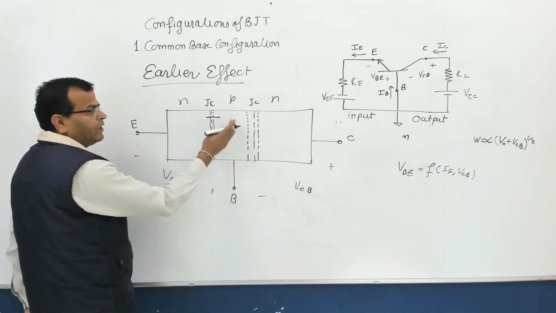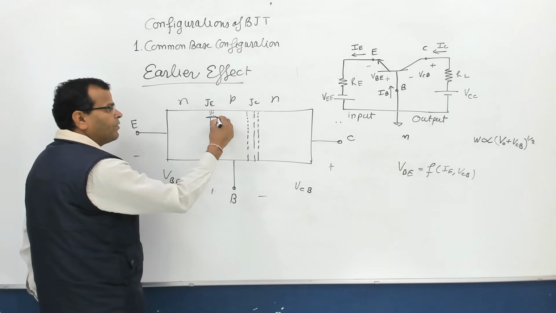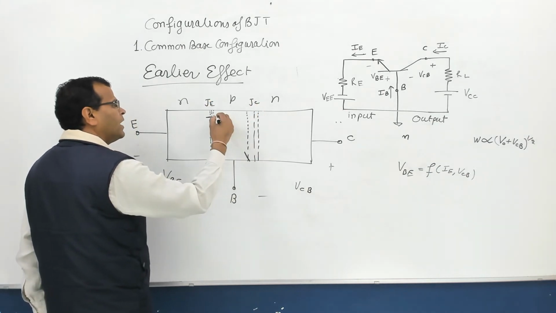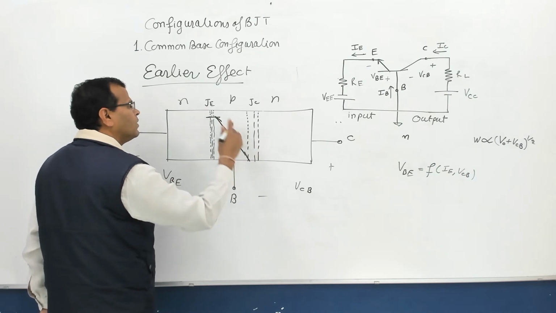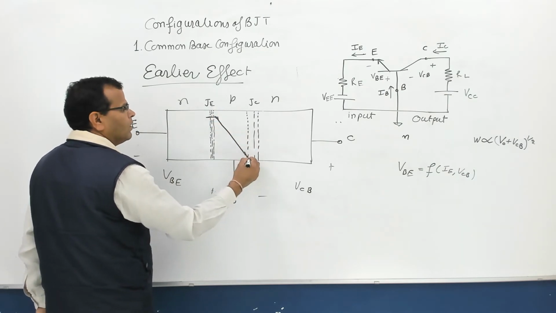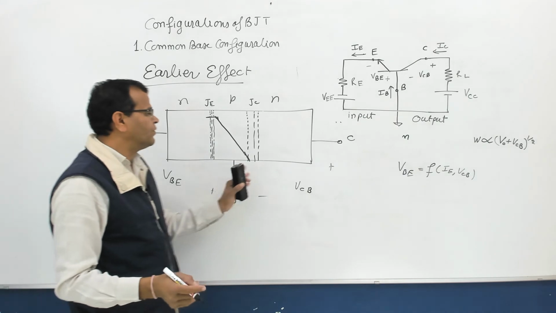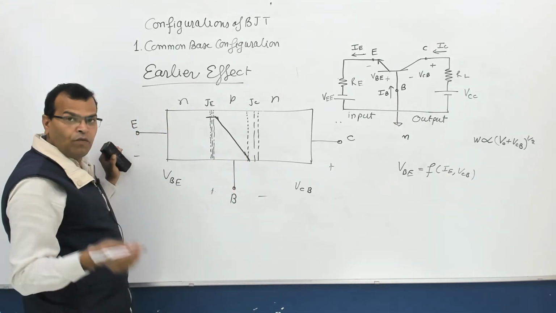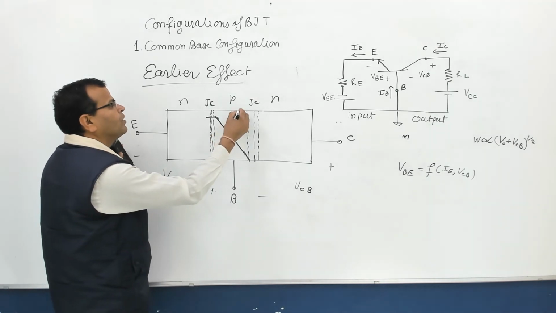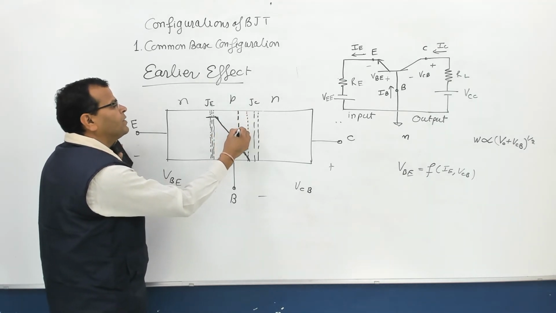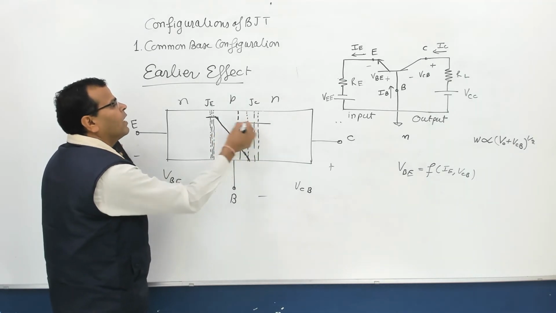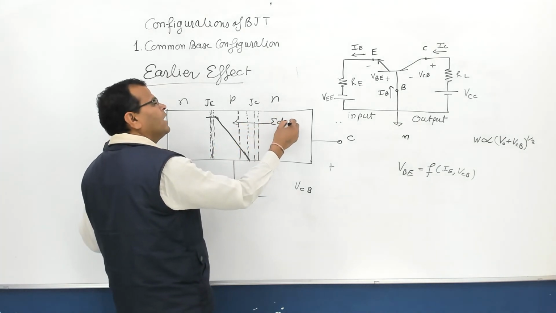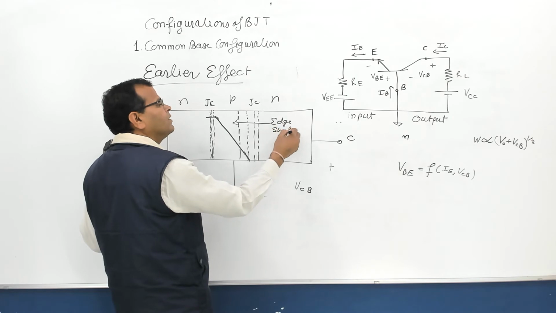When these are injected into base, their concentration is 0 at the edge of the depletion layer. When you increase the voltage, your edge will be shifting towards left. So edge of depletion layer is shifting this way.